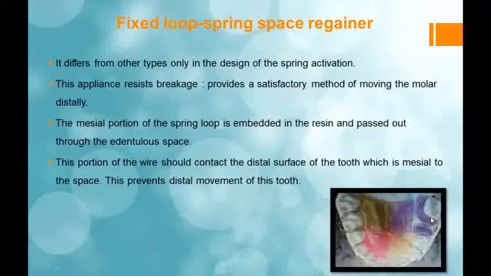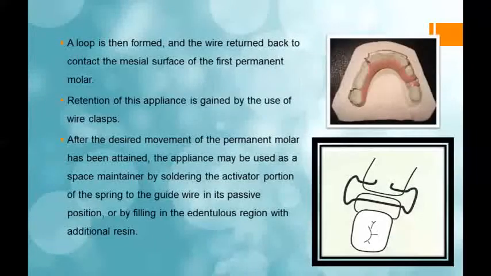The mesial portion of the spring loop is embedded in the resin, and it passes out through the edentulous space, and a portion of the wire should contact the distal surface of the tooth mesial to the space, and thus prevent distal movement of that tooth. The loop is then formed, and the wire is returned back to contact the mesial surface of the first permanent molar. The retention of this appliance is gained by the use of wire clasps.